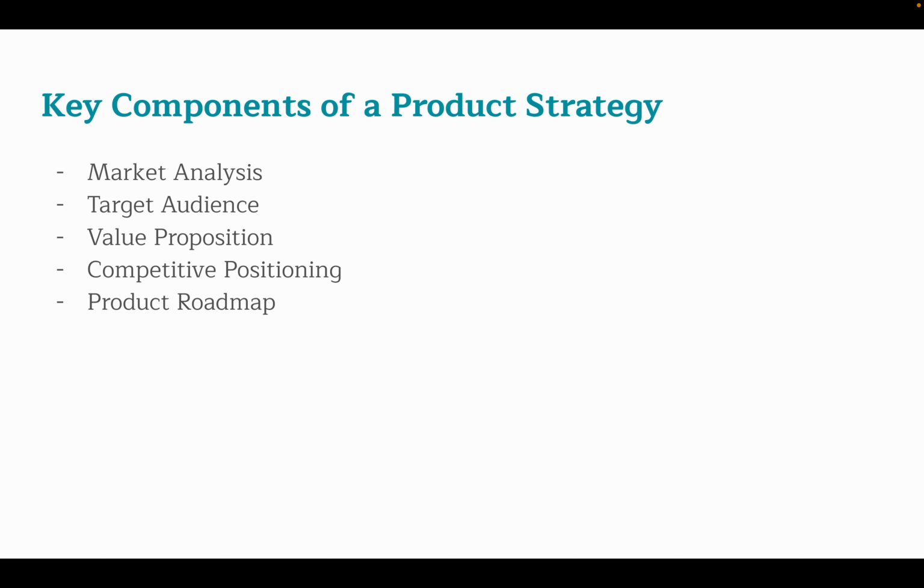We also use it for the sub-value propositions within the bigger product itself. It's like saying the sum of the parts make up the whole. So we can use this template, these key components, to help us build the product strategy for the subcomponents of an app itself.